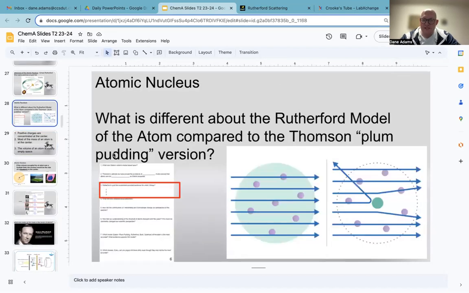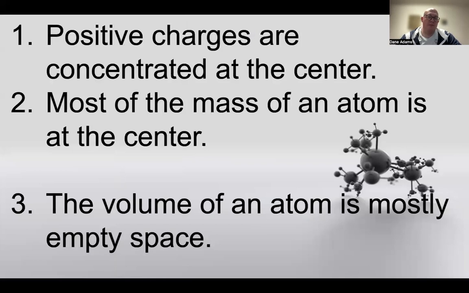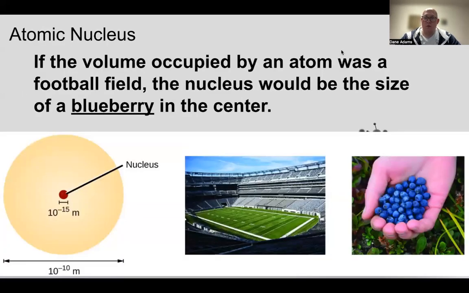Now, this diagram right here, let me make this full screen so we can see the magnitude of this. This diagram does show a concentrated part of the atom here in the middle. But even a diagram like this is wildly not drawn to scale. Let me show you exactly what I mean. If the volume occupied by an atom was the size of a football stadium, then the nucleus would be about the size of a blueberry.